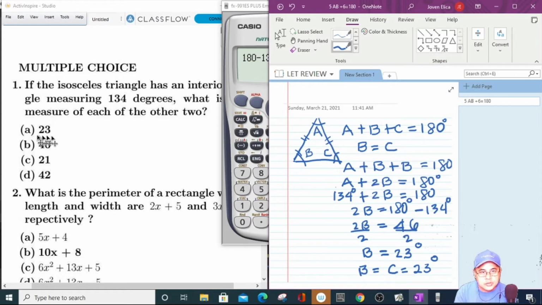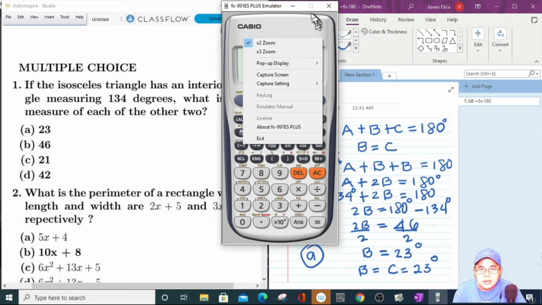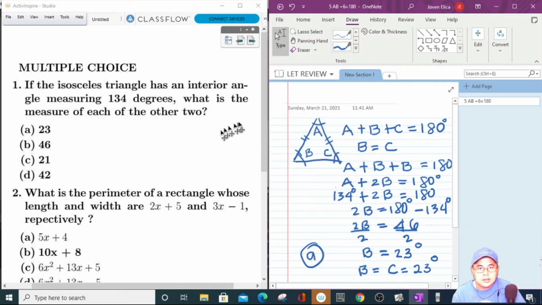So from our multiple choices, the answer is letter A. That is the measure of each of the other two.